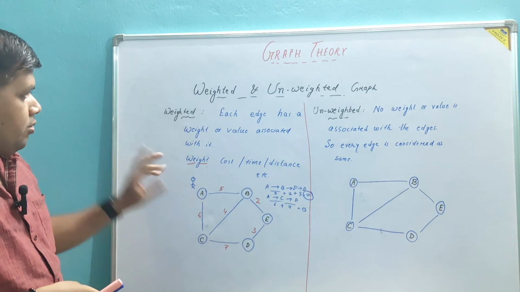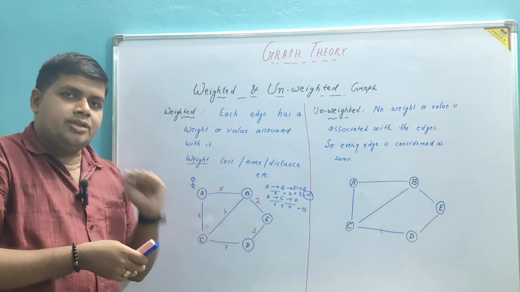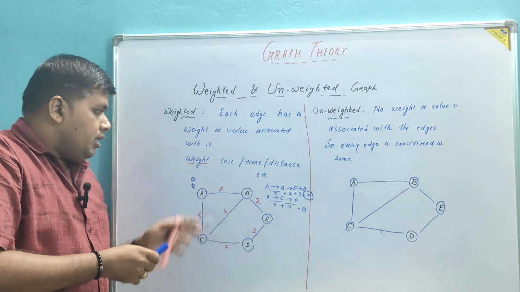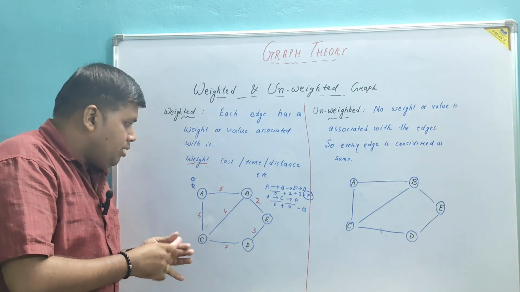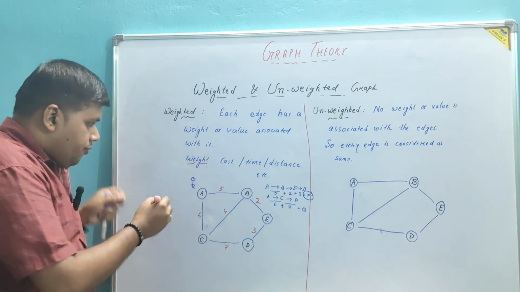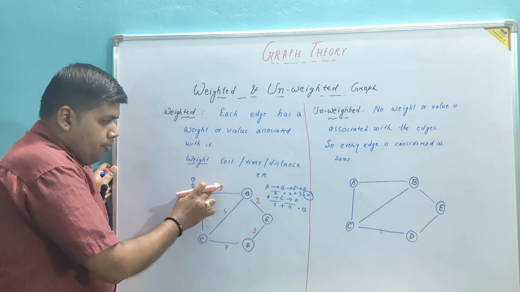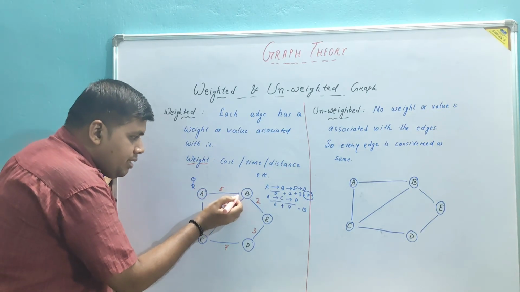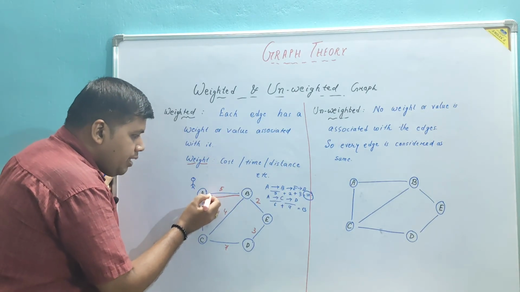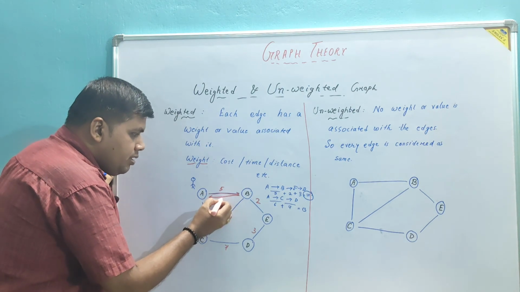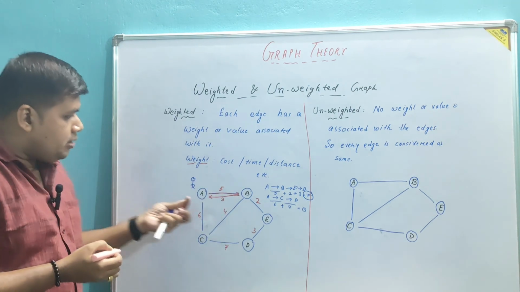Now you can connect these weighted and unweighted graphs with the concept of directed graph. Let's take an example. Suppose from A to B and B to A we take two paths. If this is 5 and say this is 3, what is the difference between them?